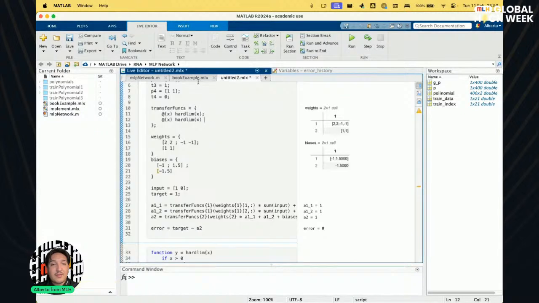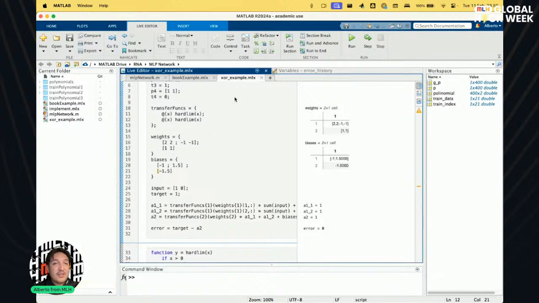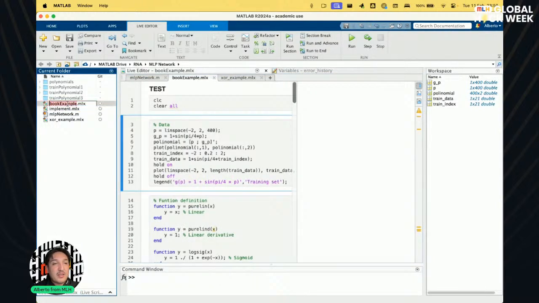Let's save this. What could be the name for this? XOR example. Nice. So back to the book example. Actually, let's rename this as function.